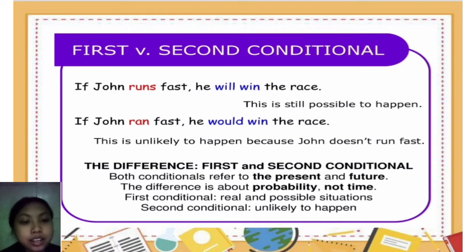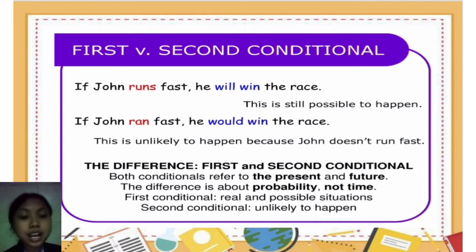The first one: if John runs fast, he will win the race. It refers to the first conditional, which is still possible to happen. And for the second conditional: if John ran fast, he would win the race. This is unlikely to happen because John doesn't run fast.